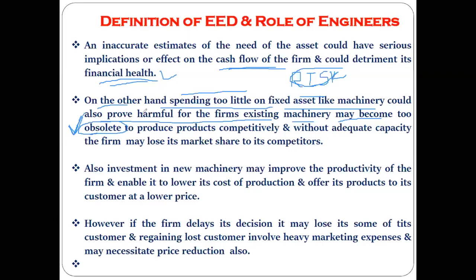So on the other hand, spending too little on the fixed asset like the machinery could also prove harmful for the firm. Existing machinery may become too obsolete to produce the product competitively, and without adequate capacity the firm may lose its market share to its competitor.